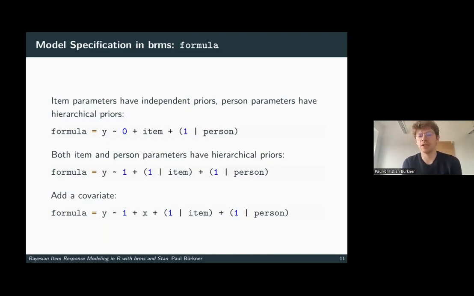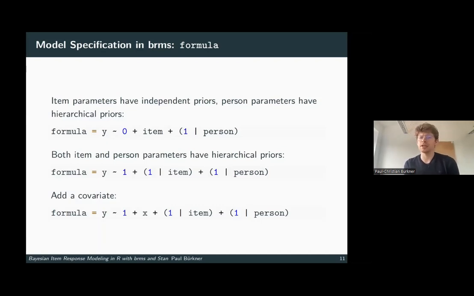If we didn't use this 0 plus item, then we would have some kind of dummy coding, for example. This is general R formula syntax style, where just one item would be the reference and all the other item effects would be in reference to that reference item, which is a little bit awkward. So we're removing the intercept, ensuring cell mean coding for the items. Every item gets a coefficient and everybody's happy. So we are saying 0 plus item.